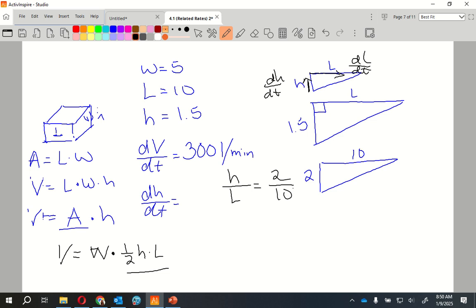Okay. So I'm setting up a ratio 2 over 10. So now watch this. By doing that, I'm going to get 2L equals 10H. Divide both sides by 2. So I could replace L with 5H.